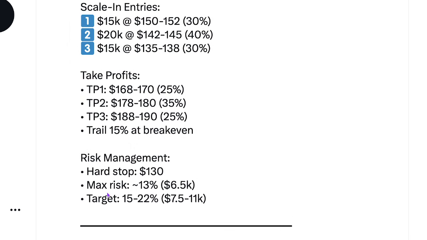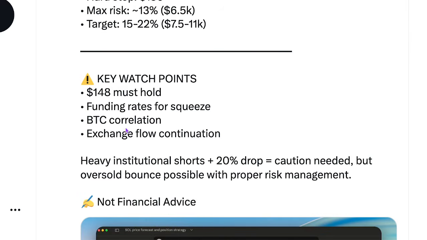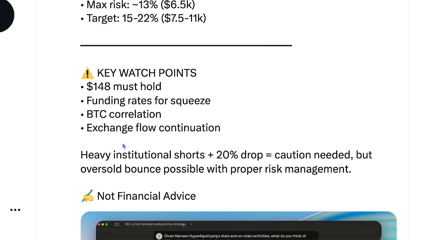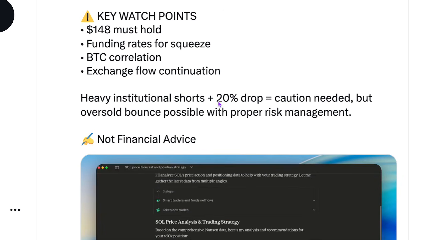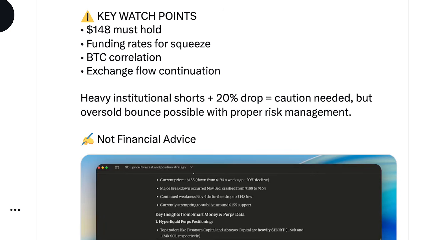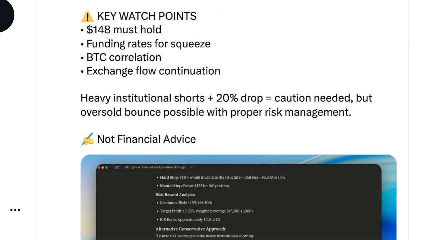Hard stop at 130, maximum risk 13%, target. So this is going to be a game changer. Key watch points: 148 must hold, funding rate for squeeze, BTC correction, exchange flow continuation, heavy institutional shorts. Now, if I have that information right now, I can honestly tell you I'd be a better trader straight away.